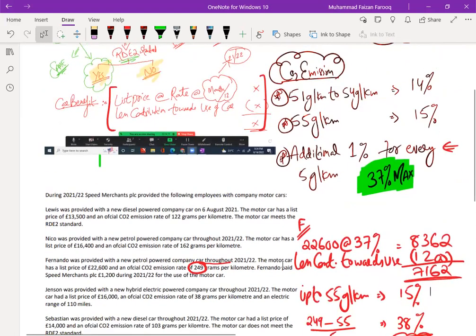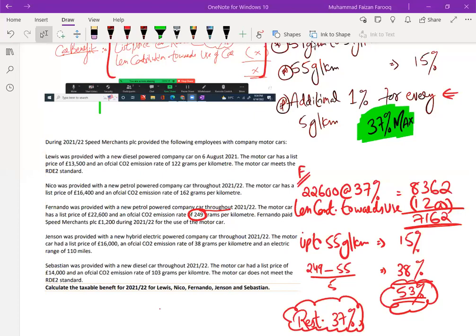In this one, it's given that you paid 1200 for the use of a car, so it's a reduction that will be deducted from the benefit amount. Any problems now? Clear? Okay. Please note it down.